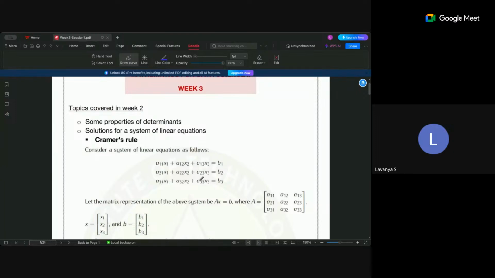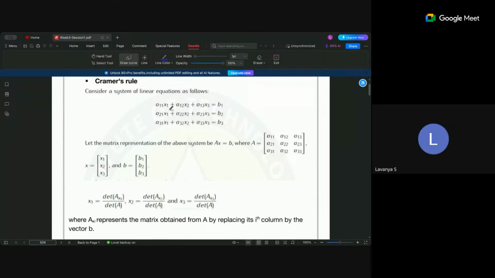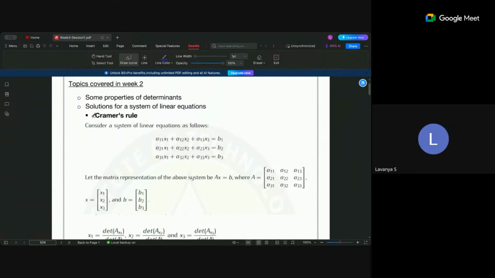You must have seen different ways of finding solutions. Cramer's rule works only when you have a square matrix and that matrix is invertible. But if determinant is non-zero, does it imply that it will be invertible?